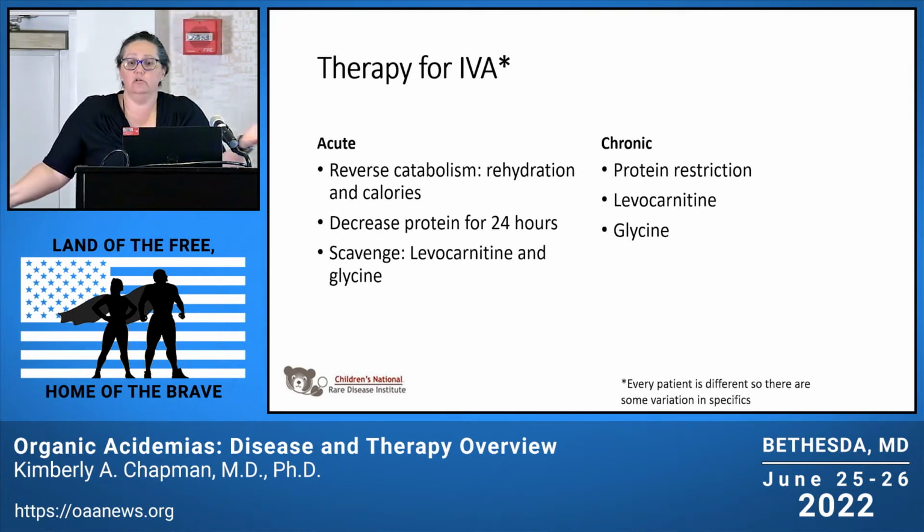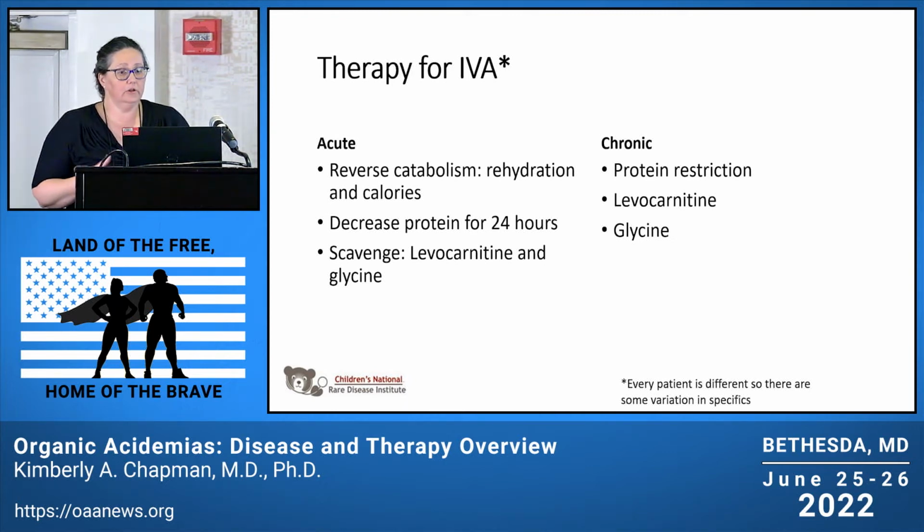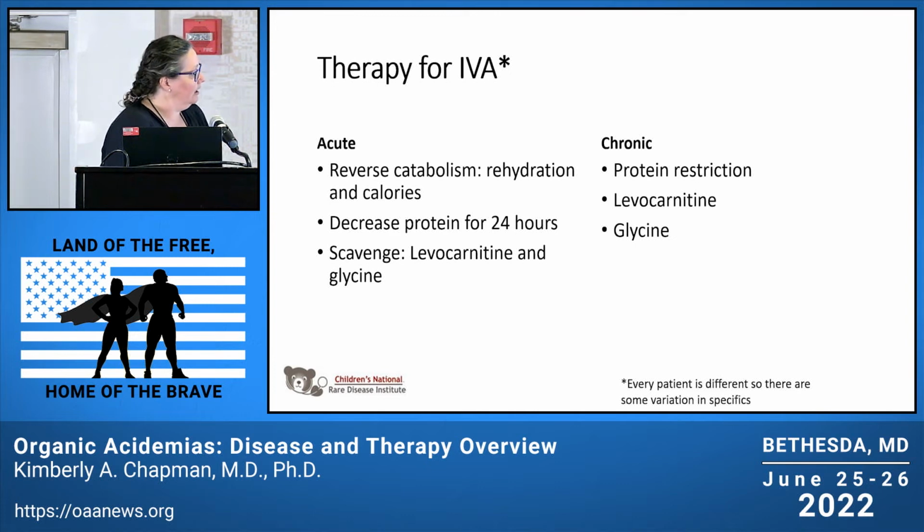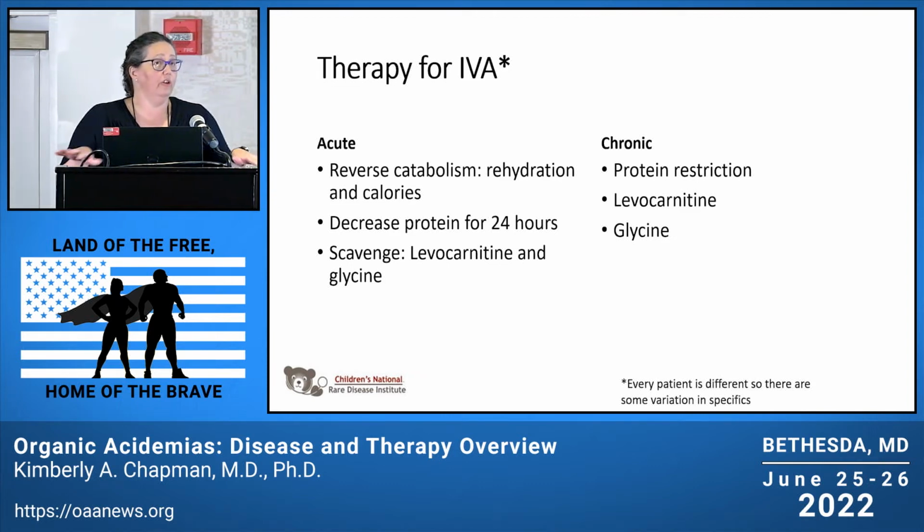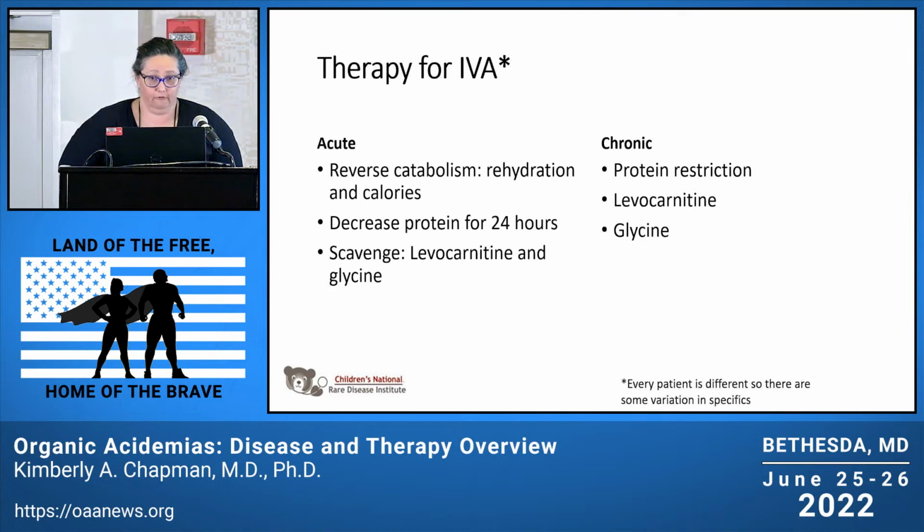So we're going to do all the same thing, right? The acute therapy, we're going to reverse catabolism, we're going to decrease exposures, and we're going to scavenge the flood water. So how do we do this here? This is where these guidelines are not particularly helpful, because all these guidelines currently say is rehydration with calories. Now, what you all know we do is we say, please start D10 with electrolytes at 1.5 maintenance, because we know it's going to reverse catabolism.